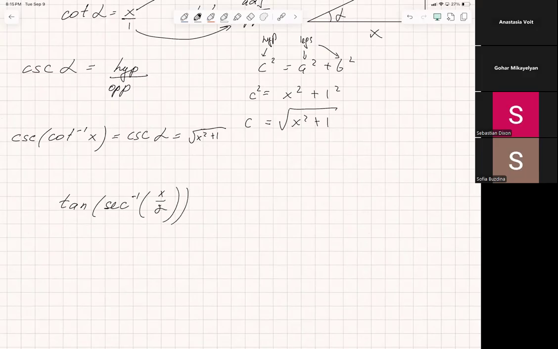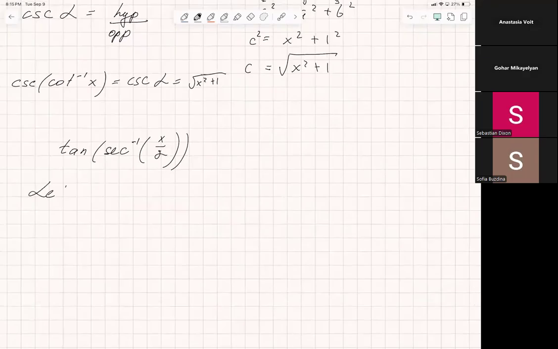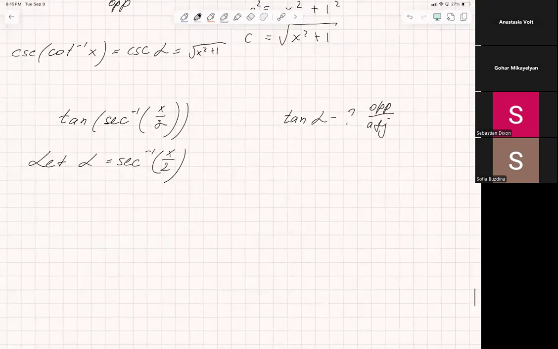So let alpha be secant inverse of x over 2. Then what we need to find is tangent of alpha, and that's the goal. And we know that tangent of alpha is opposite over adjacent, so that would be needed for us.